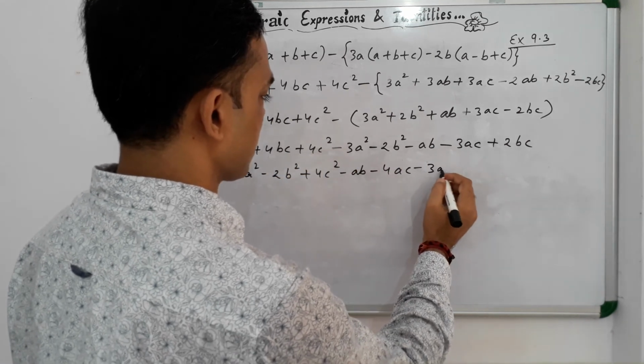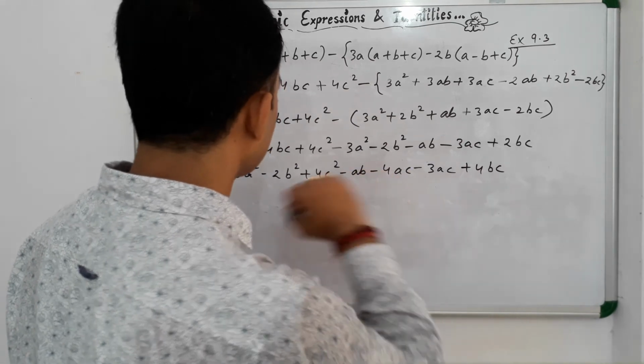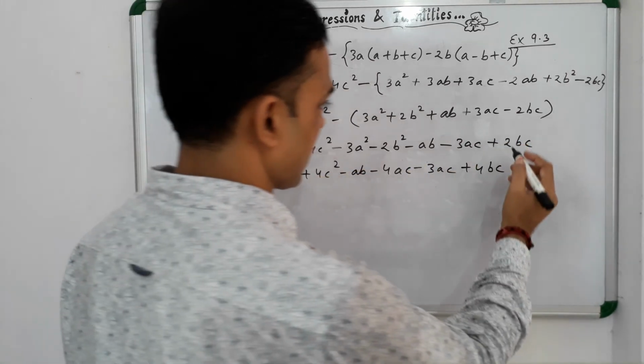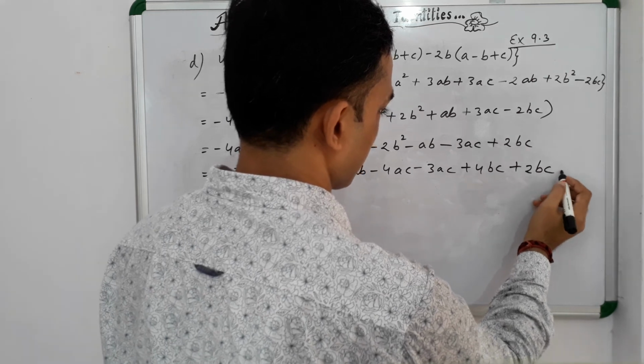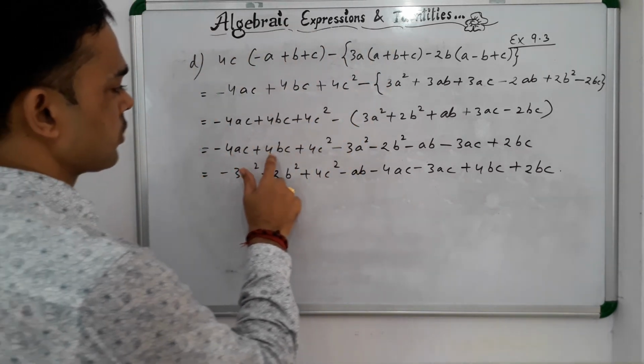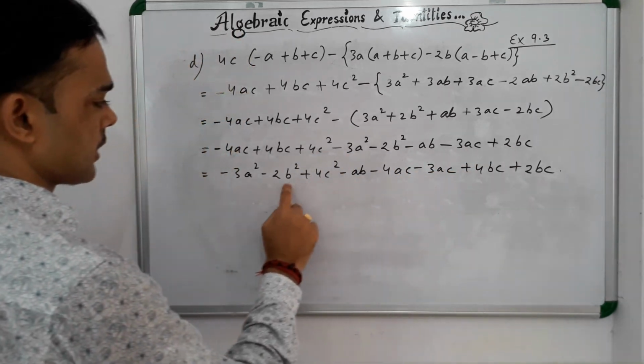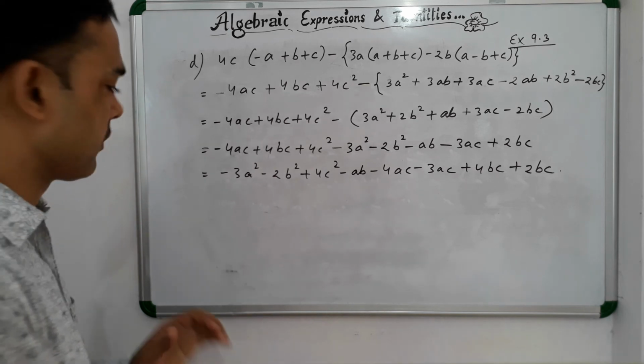Yes, minus 3ac, then plus 4bc, is bc anywhere else? Yes, at the end, so plus 2bc. Let us see if we have written all the terms or not. 1, 2, 3, 4, 5, 6, 7, 8, 1, 2, 3, 4, 5, 6, 7, 8. So we have written all of them.